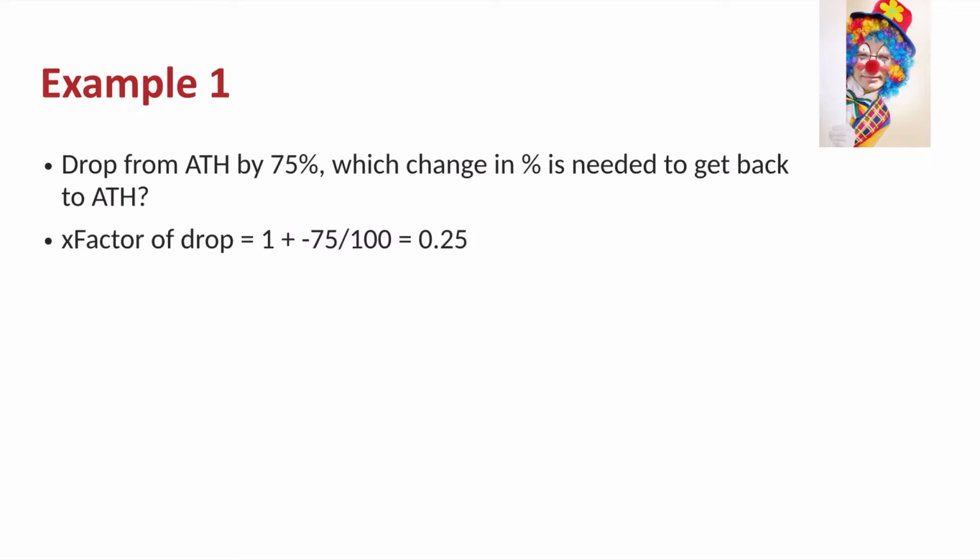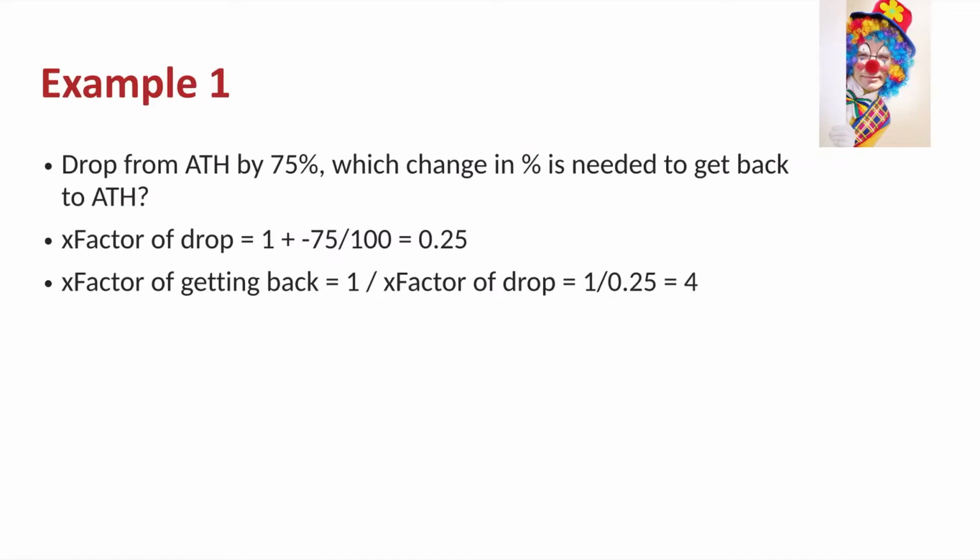First of all, we have the X factor, which is related to the drop. The drop means a reduction of the value here, minus 75%, so minus 75 hundredths. And then the X factor is 1 minus 75 hundredths, so 0.25. And the X factor of getting back is the reverse thing, so 1 over the X factor of the drop.